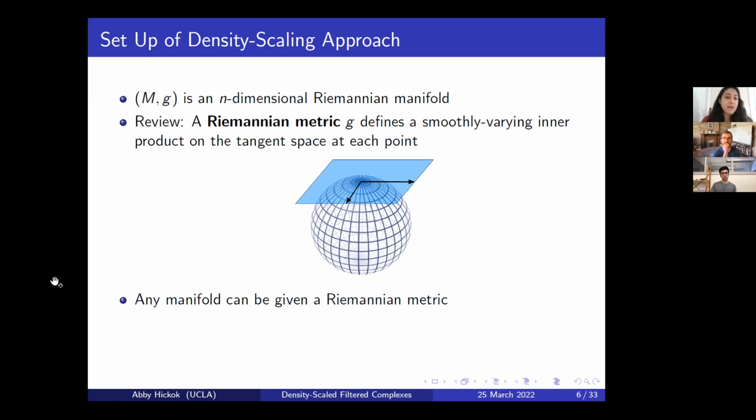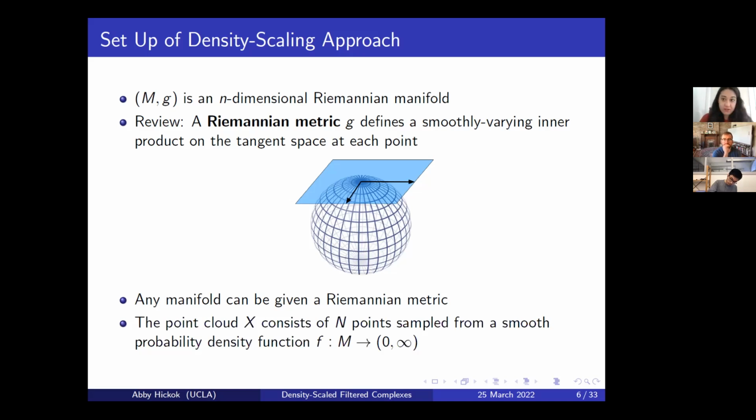But in general, any manifold can be given a Riemannian metric, so any manifold can be embedded in R^n. If you have a submanifold of R^n, like the sphere here is a submanifold of R^3, you can define a Riemannian metric on the tangent space by taking the canonical Euclidean metric and restricting it to the tangent space. So this requirement of having a Riemannian metric doesn't restrict the class of manifolds that we're studying. We just need to have a Riemannian metric specified.